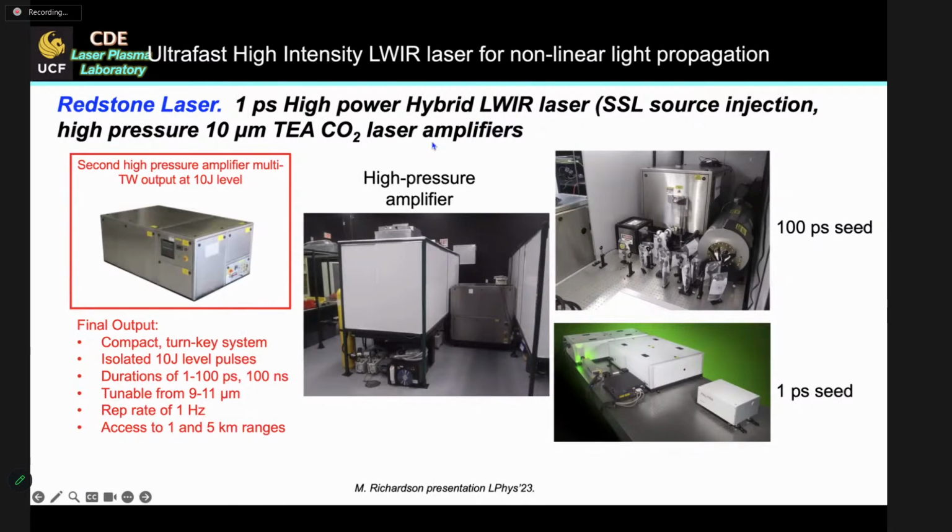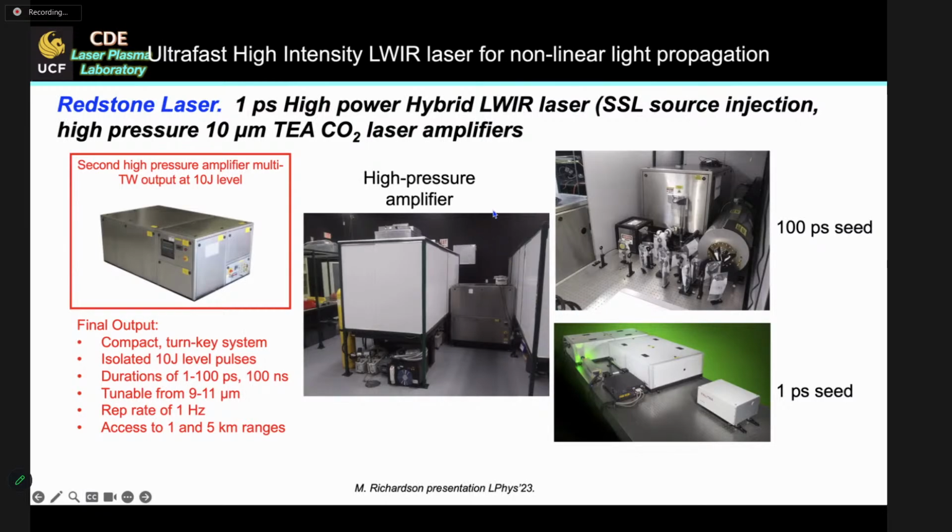It's currently a system that employs high pressure 10 micron CO2 laser amplifiers. This brings me back to working in a different century on a different planet, since I was involved in much of the development of these TEA high pressure CO2 laser amplifiers many years ago in Canada.